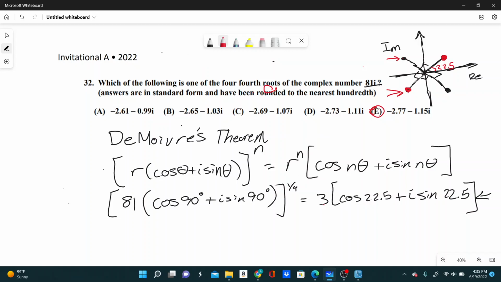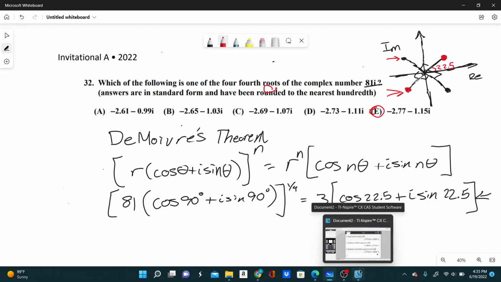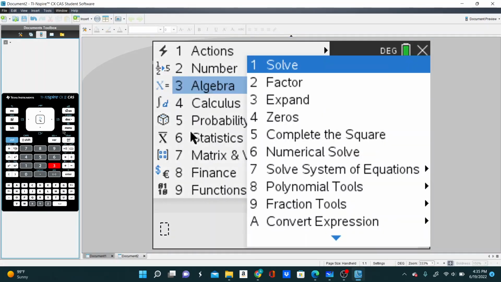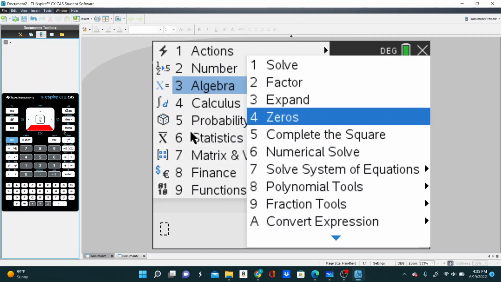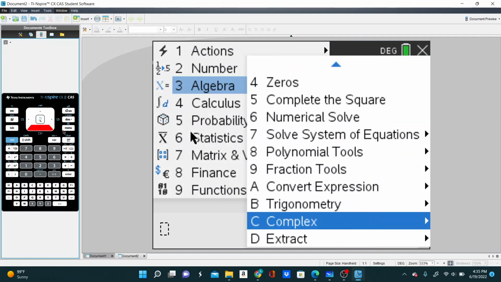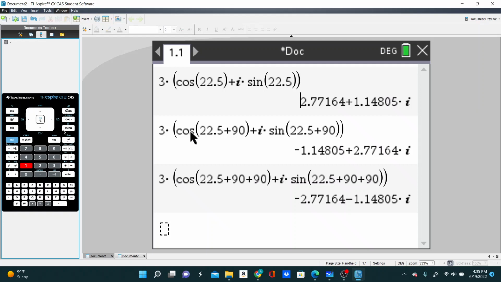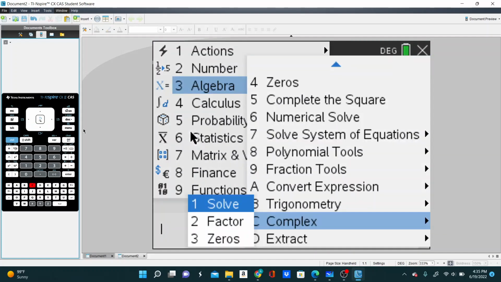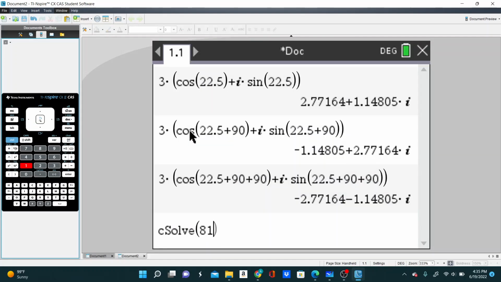The other thing you can do for this problem is you can use your calculator. I know the TI Inspire can do this. I don't know which other calculators can do this. But if you go to Menu, 3, and then almost all the way down at the bottom, there's Comp, C for complex, and then Solve. So Menu, 3, C, Solve, and you can say 81i equals x to the fourth.